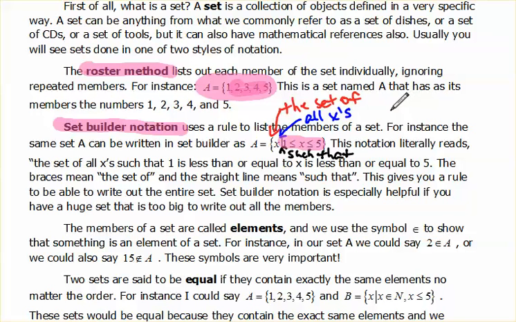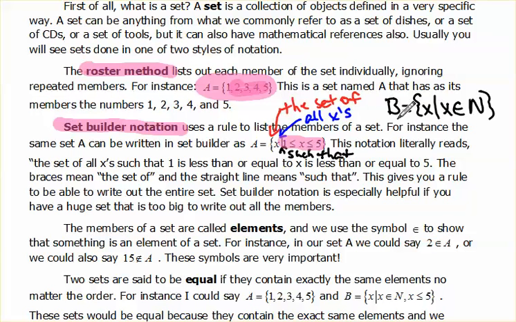For that, if we wanted to call this set, say, B, B would equal the set of all x's such that x is an element of the natural numbers. Now we'll get into this notation in just a minute, but you can see that there is no way we could list out every single number between 1 and infinity.